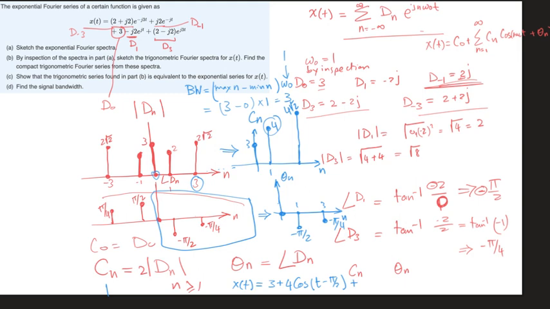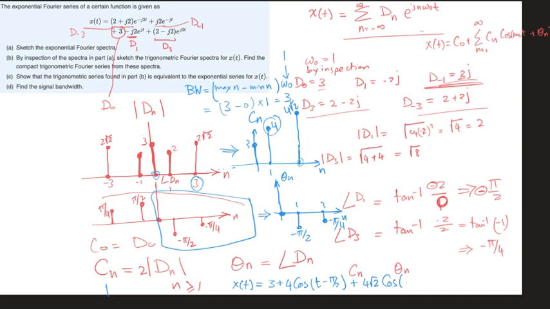And then the next term is going to be the 3 term. The value is 4 root 2 multiplied by cosine, and then we have 3t, because it's n omega naught. Now we are talking about C3, so n is equal to 3.